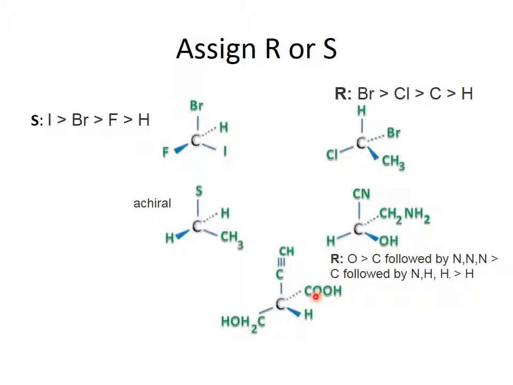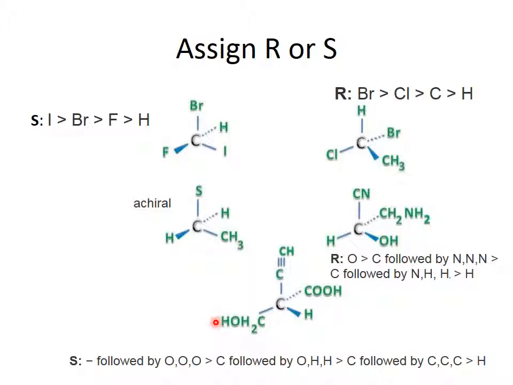This carbon has oxygen, oxygen, oxygen attached. This is oxygen, hydrogen, hydrogen, and this is carbon, carbon, carbon. So this group is number 1, this group is number 2, and this group is number 3. If I look at the rotation, it goes clockwise. Sorry, my pointer's not moving. It goes clockwise, so the rotation has to be flipped. So it is counterclockwise and S.